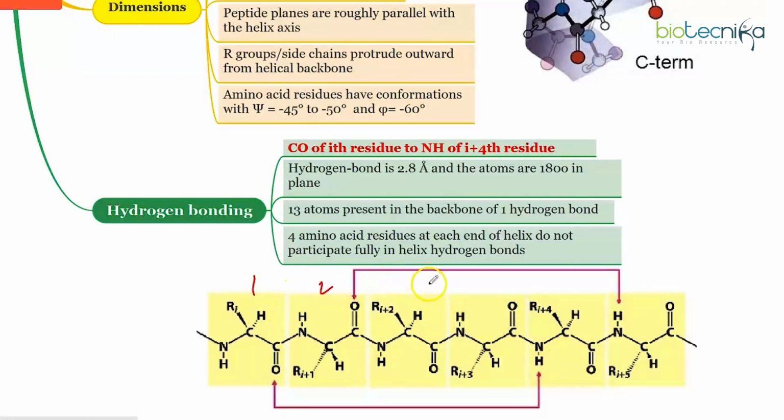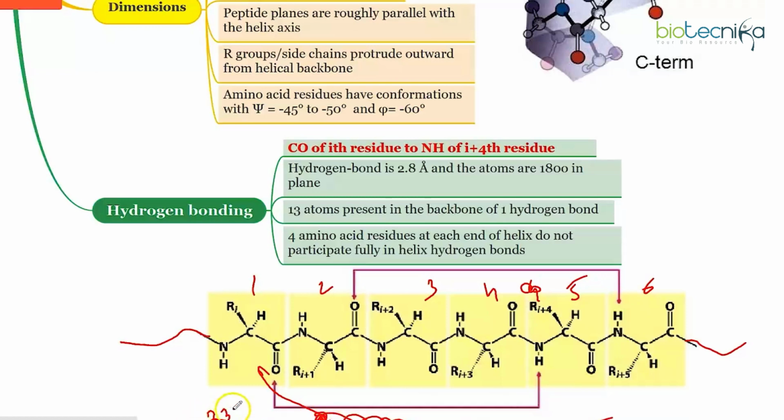This is the first, second, third, fourth, fifth, sixth, like that. Now we don't call them 1, 2, 3, 4, 5, 6 because we don't know if this is the first residue of the polypeptide chain. It might be possible that the polypeptide chain is coming like this, then it forms the alpha helix and then it goes on. So even if you feel that this is the first residue of the alpha helix, it may not be the first residue of the polypeptide.